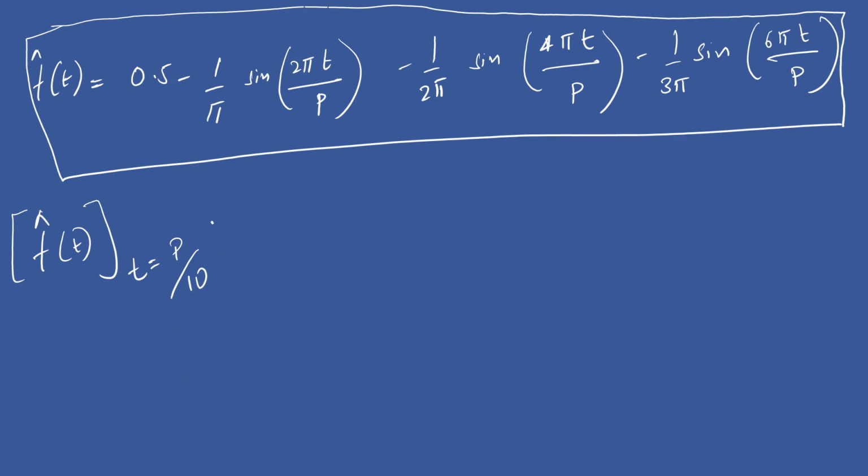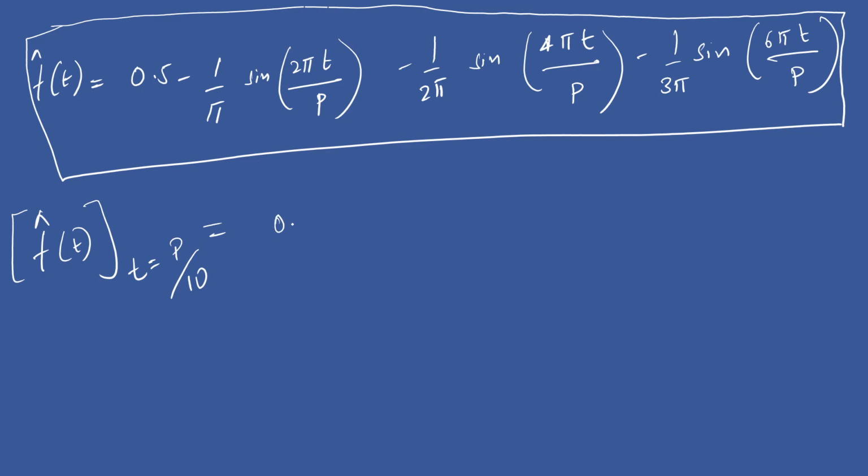The answer which is available with me for this particular value of f cap t at t equal to p by 10 is 0.06062. Yeah, so that is the final answer.